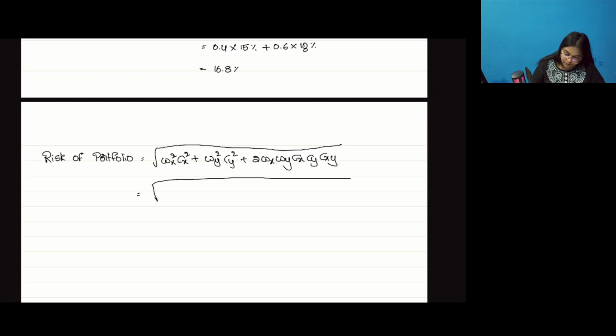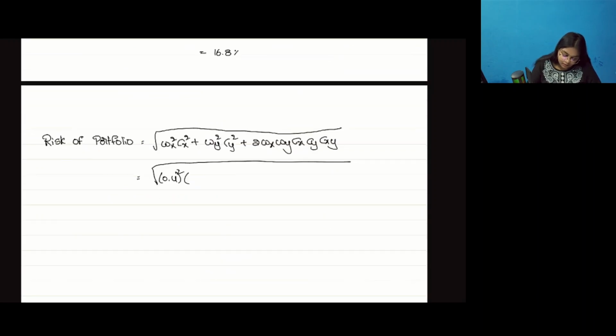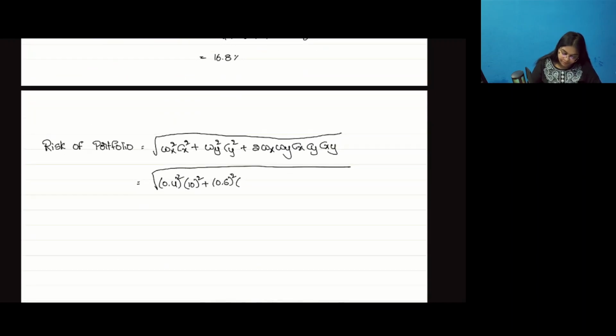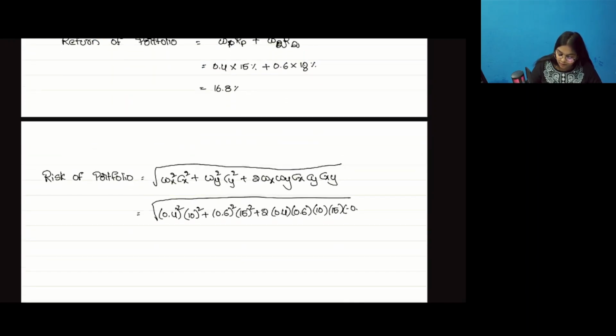Now it is 0.4 whole square into sigma x square, that is 10 whole square, plus 0.6 whole square into 15 whole square plus 2 into 0.4 into 0.6 into 10 into 15 into correlation coefficient, that is minus 0.5.